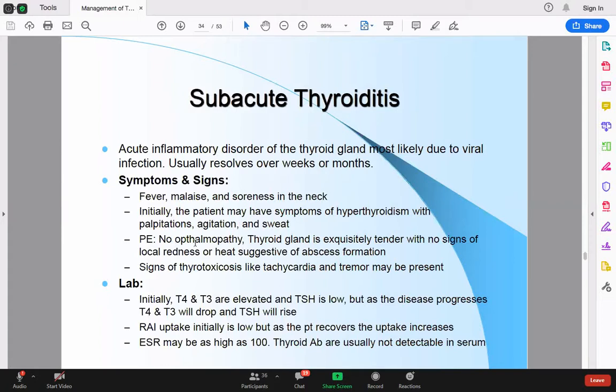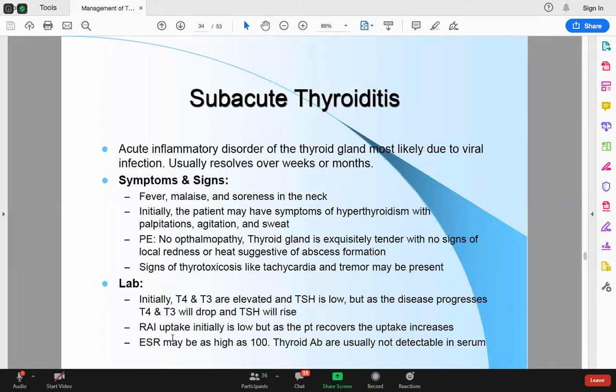On physical examination, no eye involvement. The thyroid is exquisitely tender. They may present with tachycardia and tremor like any hyperthyroid disease. Initially, T3 and T4 are elevated, with a suppressed TSH. This is classic hyperthyroidism. But when the disease progresses, T3 and T4 will drop and TSH will rise. Basically, they will enter a phase of hypothyroidism.